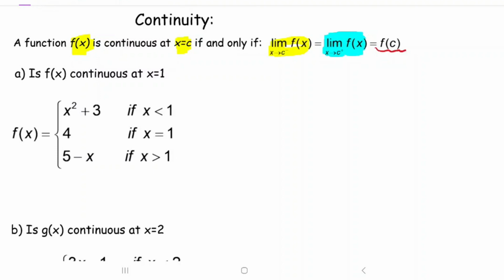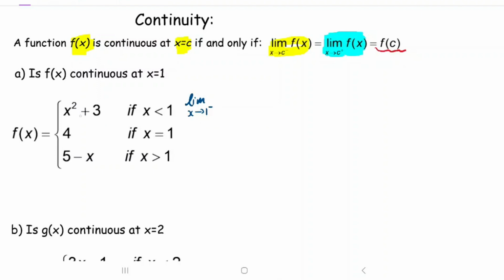So let us dive deep into the first question to see how we'll be able to sort that out. So let's start with the first one. Is f of x, which is this piecewise function as you can see over here, continuous at x equals 1? Let's check that out. Firstly, we check the limit of f of x as x tends to 1 from the left.